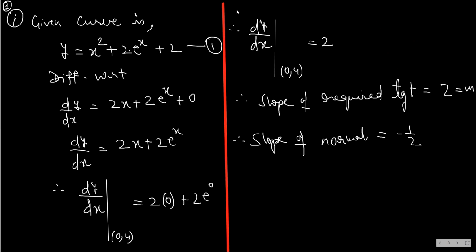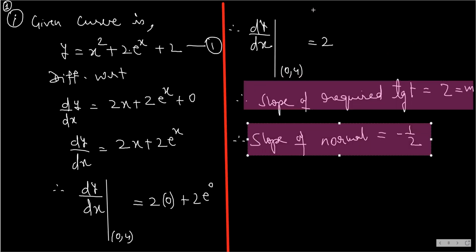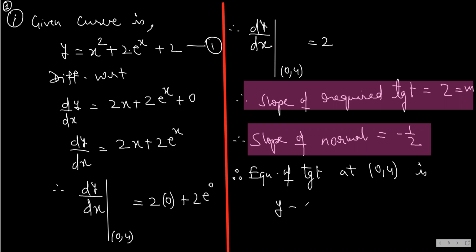So now, we have slope of tangent and we also have slope of normal. We can get the equation of tangent and equation of normal. Therefore, equation of tangent at (0, 4) is y minus y1. What is y1? y1 is 4.